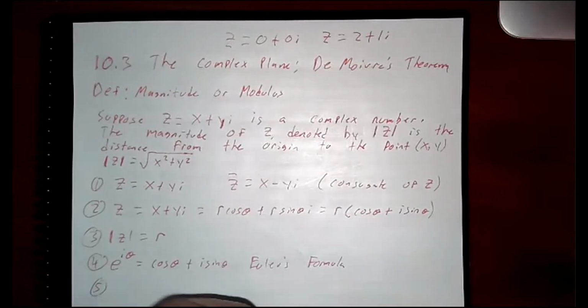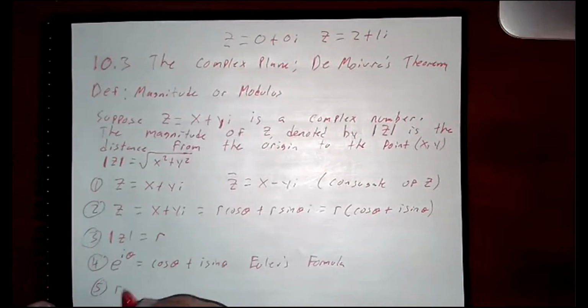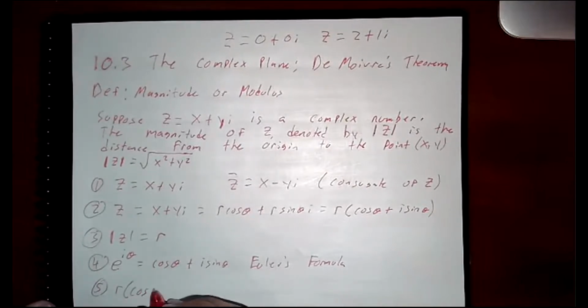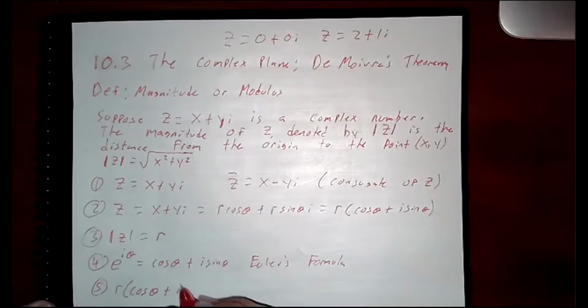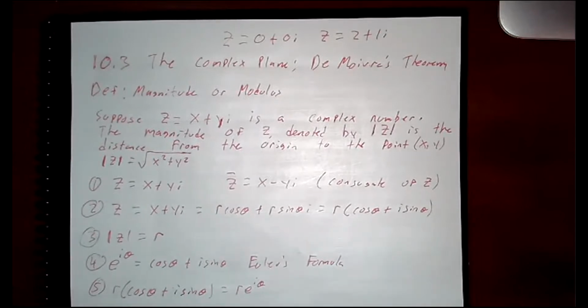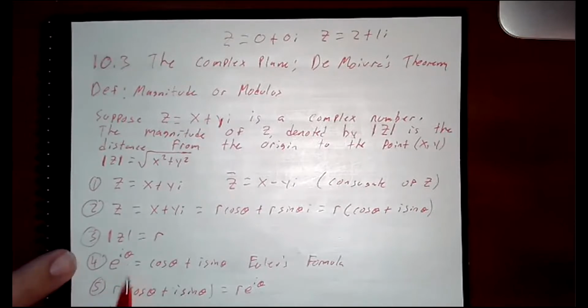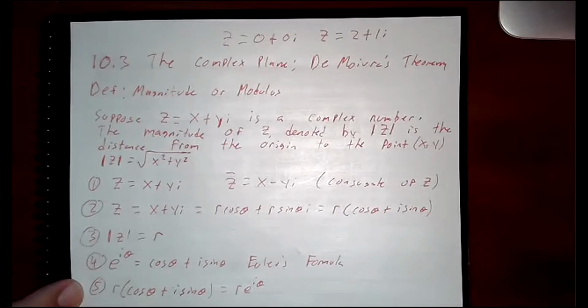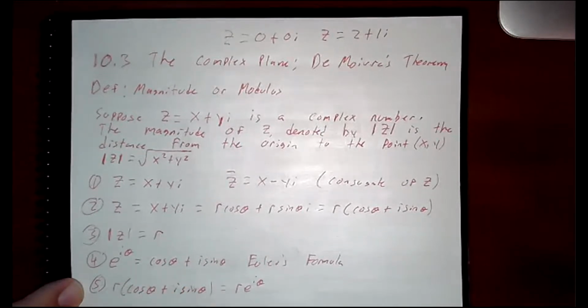Number 5, r times cosine theta plus i sine theta is equal to r times e to the i theta. You can rewrite it this way. This is really just an extension of number 4, right? Because the e is inside.